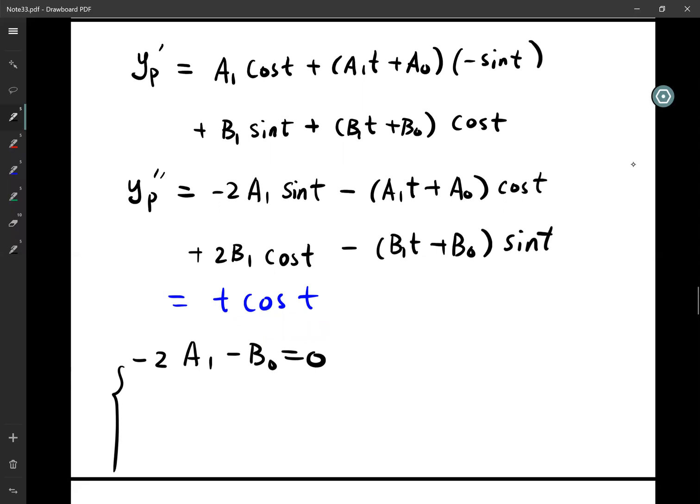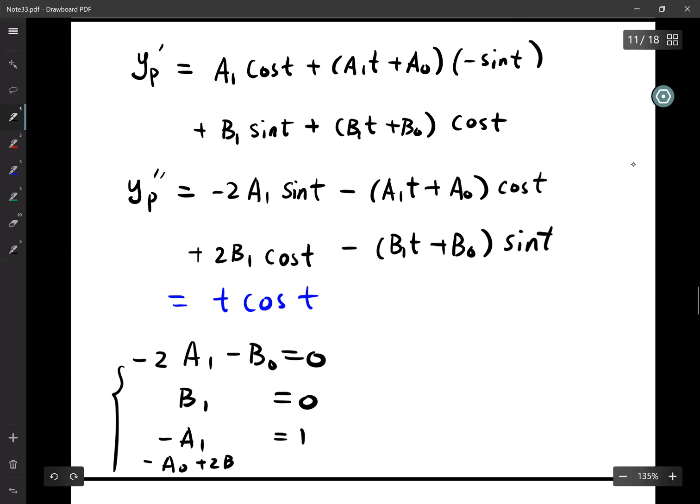B1 cosine t is only this thing, and so let me see. So here I have t times sine t, so this is 0. Next one, it should be A1. This is minus A1, so this should be 1. And finally, I have the A0 term here, minus A0 plus 2B1. This should be 0. Any question?